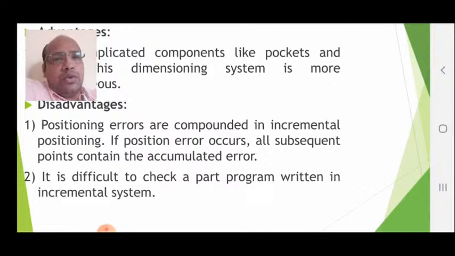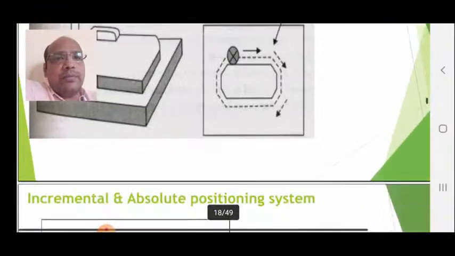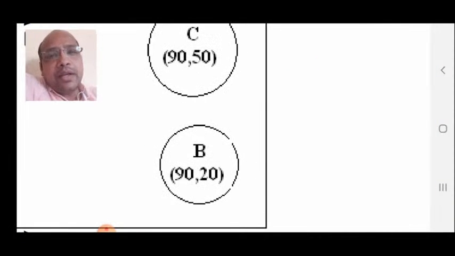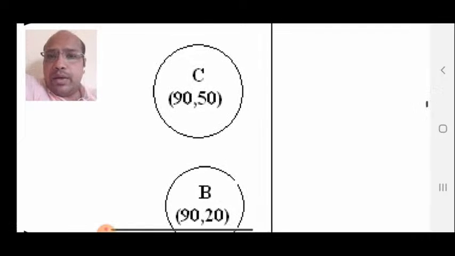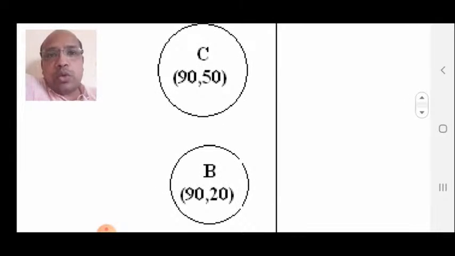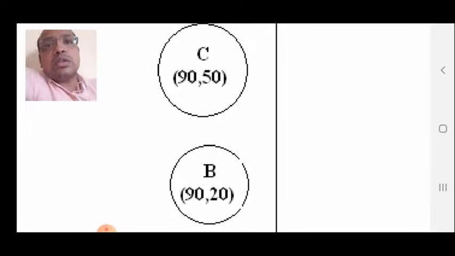What happens? We see this diagram once again. If there is an error in positioning the tool at point B, definitely there will be an error in positioning the tool at point C. So if the tool position becomes wrong, the next point will be positioned wrongly.